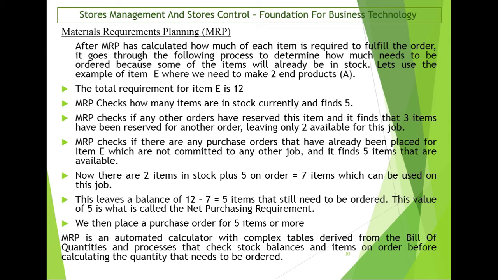So it is a computerized approach. All you do is simply feed in the bill of quantities, the bill of materials. Once the bill of materials is in, then it's just a matter of saying how many quantities you want to make of the finished product.